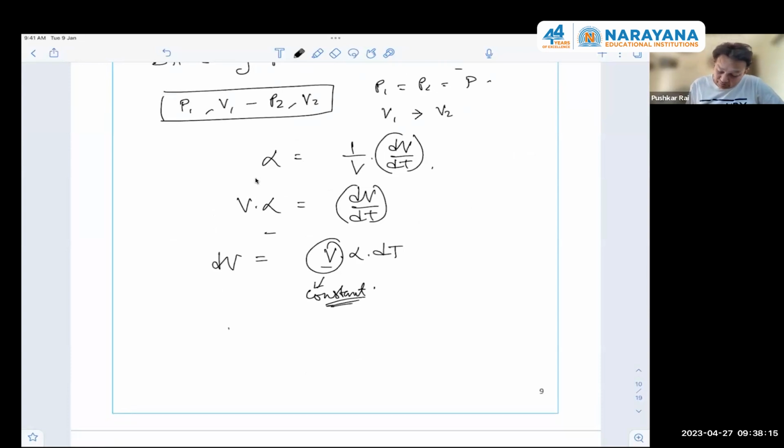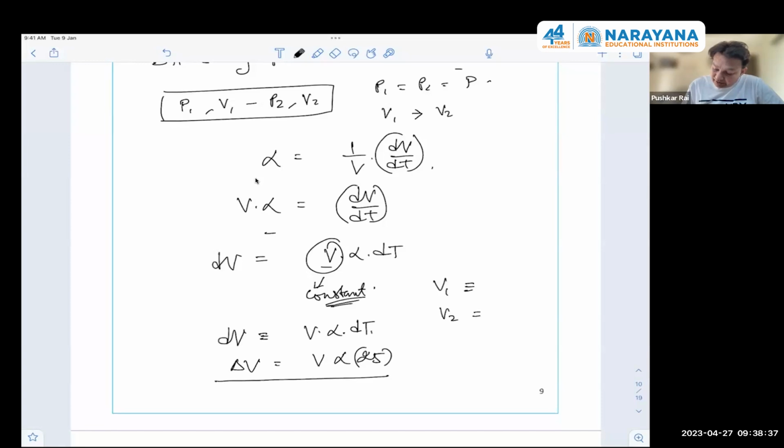So we can get the value of dV. So dV is equal to V times alpha into dT. What is the change in temperature? 25 degrees centigrade into alpha into V will give you delta V. So you already know V1, and from this you can calculate V2. Do you agree?